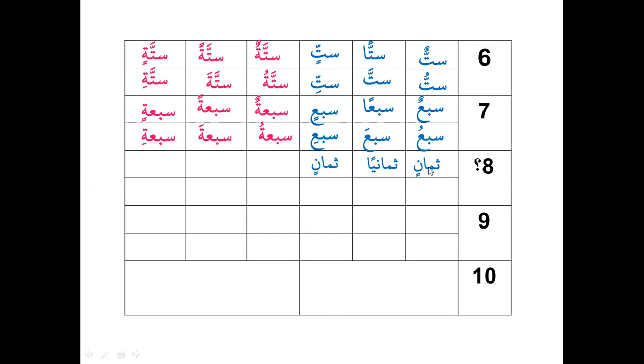That's why your rafa looks like thamanin, thamaniyan, and thamanin. But your feminine would be very easy. Thamaniyatun, thamaniyatan, thamaniyatin. And then your light would be thamani, thamaniya, and thamani. So this is just a little complication because of Naqis. Otherwise, again, the feminine version is fairly easy. So this just happens in eight.